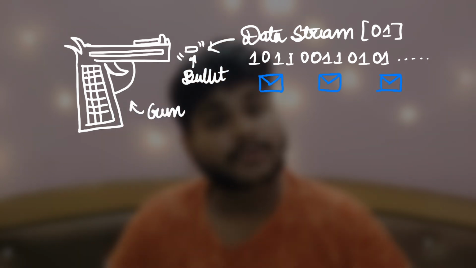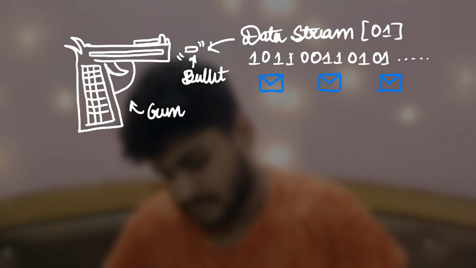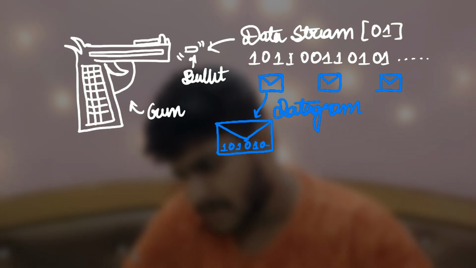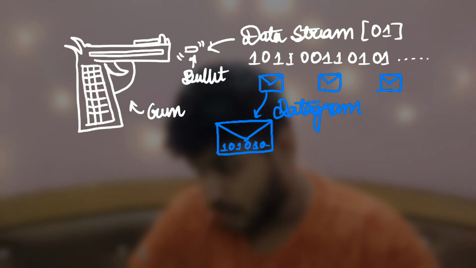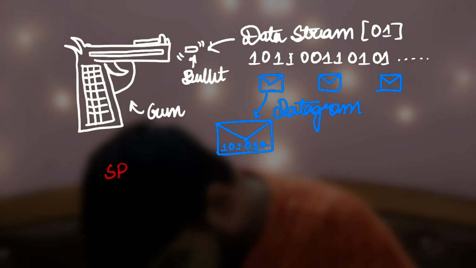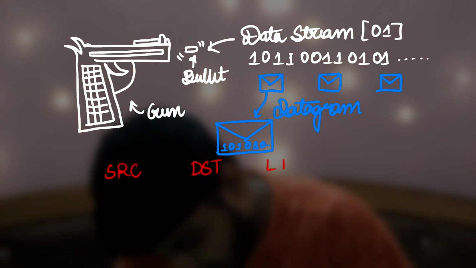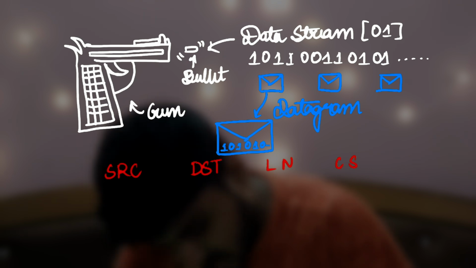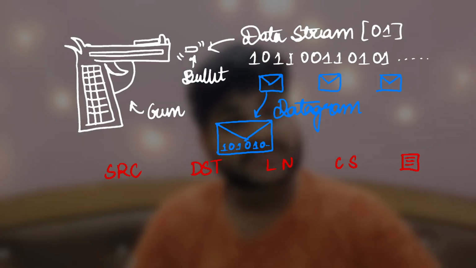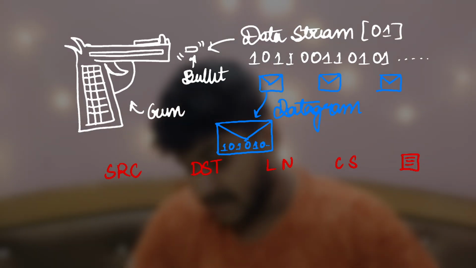Now we are going to talk about these datagrams. Let's look at the structure of the UDP packet. It has a simple header compared to TCP. The UDP header contains four main fields: source port, destination port, length, checksum, and then the actual data. Each field of the UDP datagram is 2 bytes long.